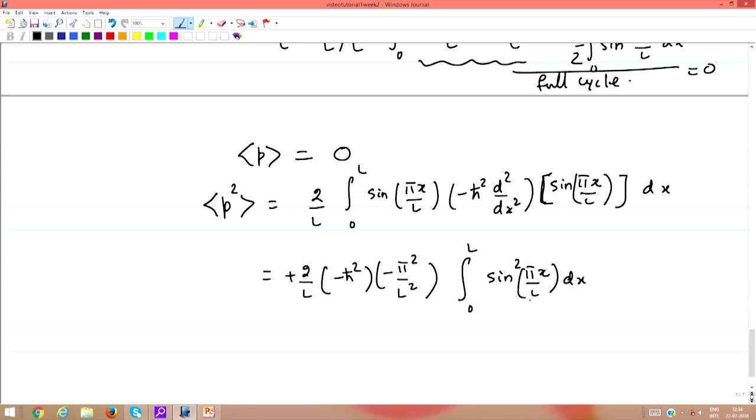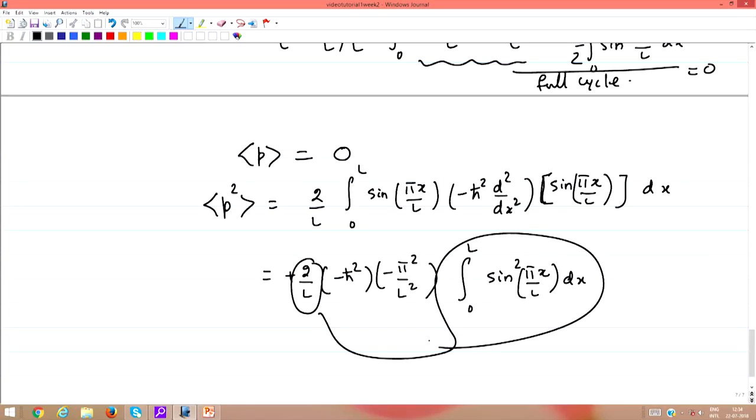And 2 by L times all of this is the normalization of the wave function. The answer is 1. All of this is the normalized wave function property.